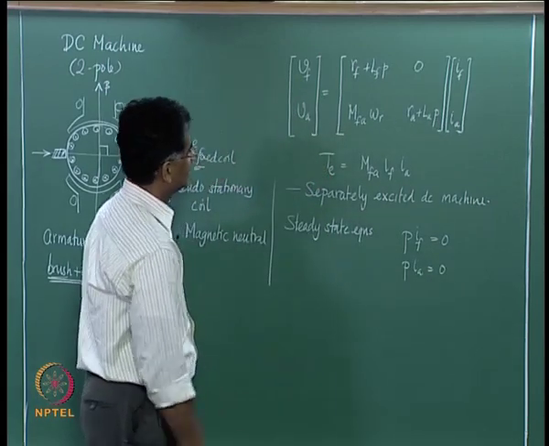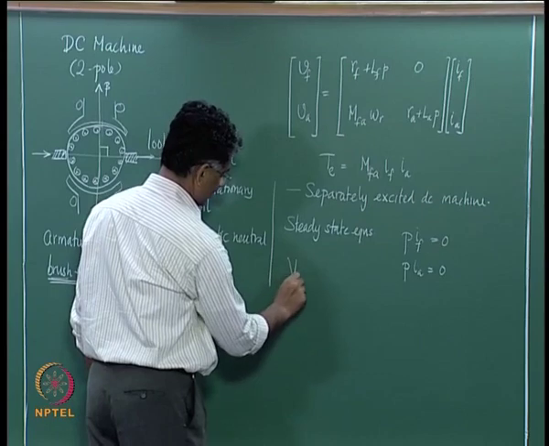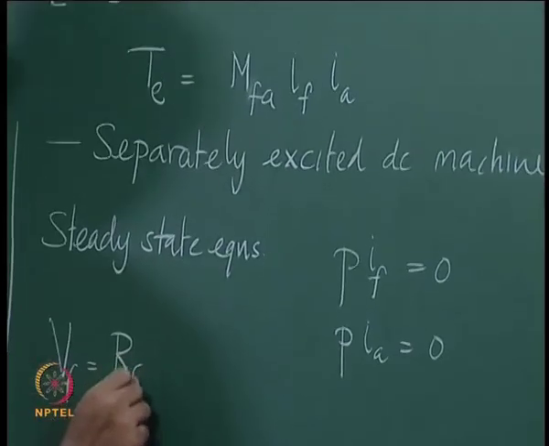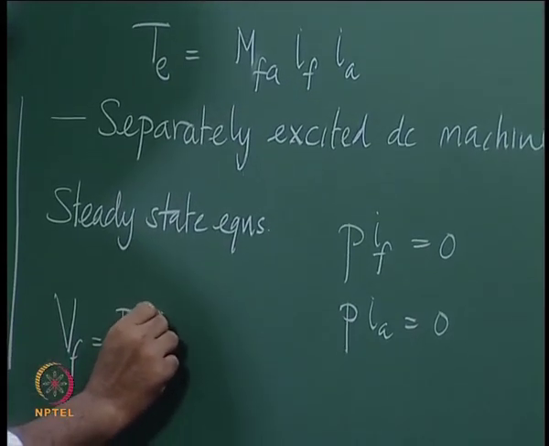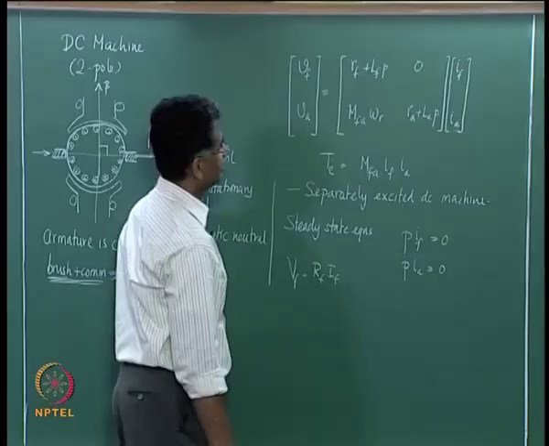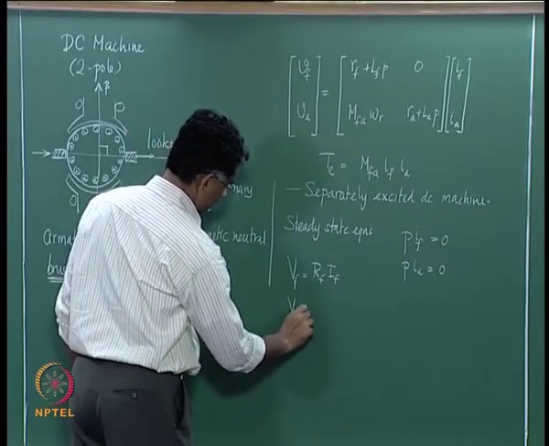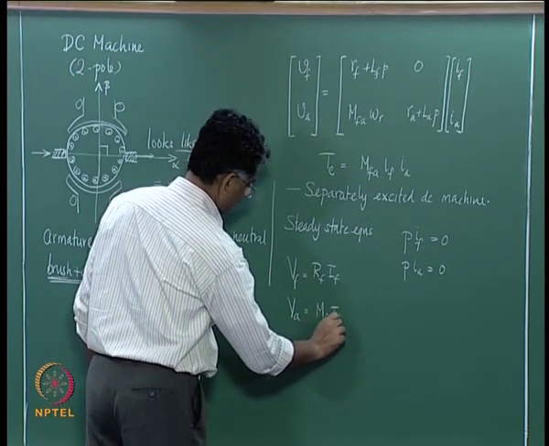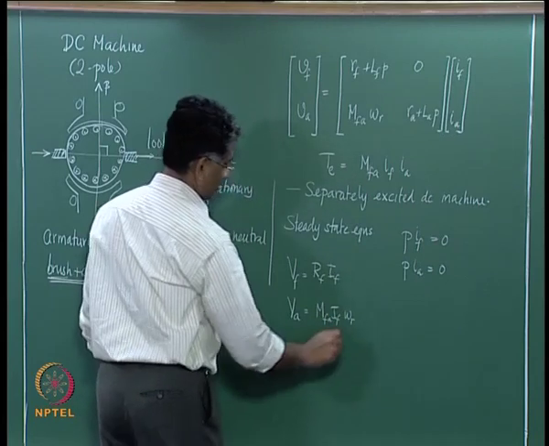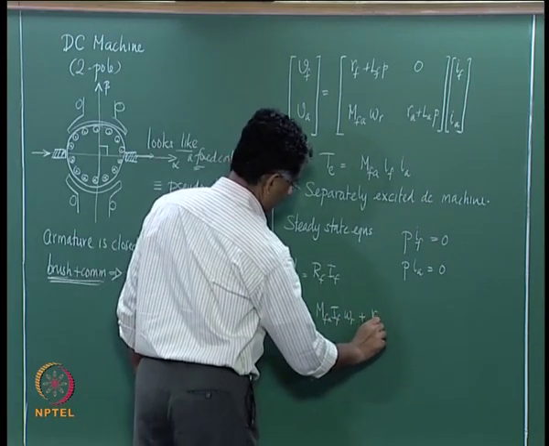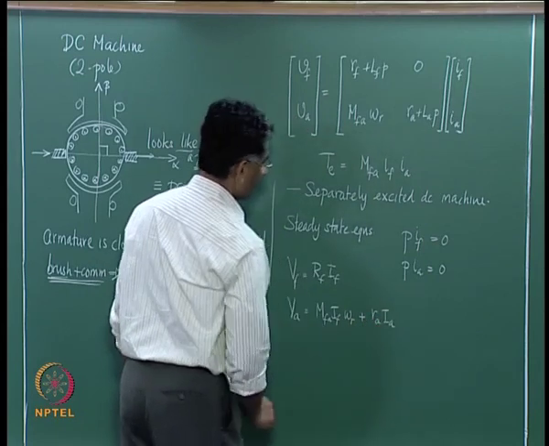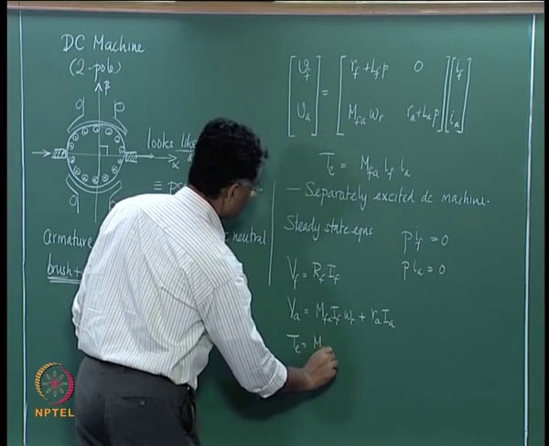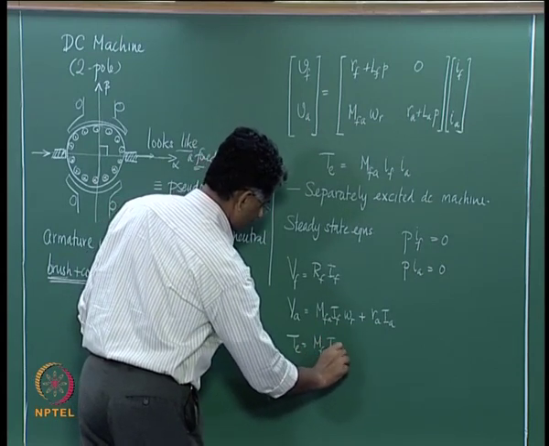So if we use this, then what you have is steady state Vf is equal to Rf multiplied by If, put that capital to denote DC, and then the armature voltage is nothing but MFA into IF into omega R plus RA into I, and torque is nothing but MFA into IF into I.